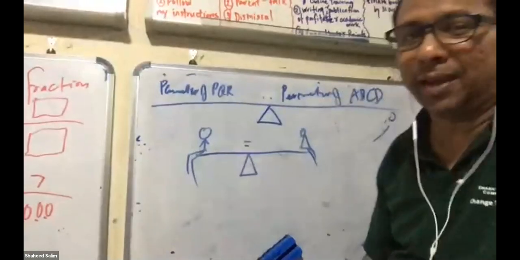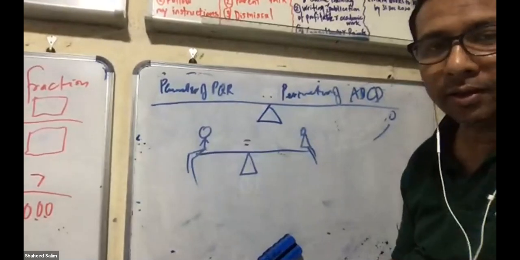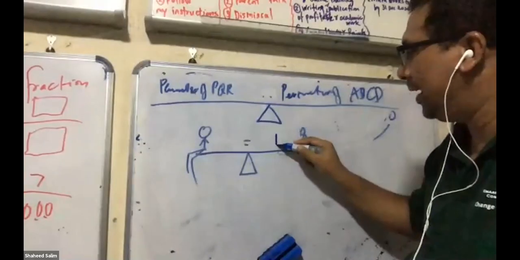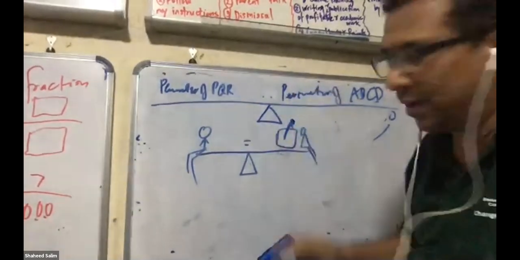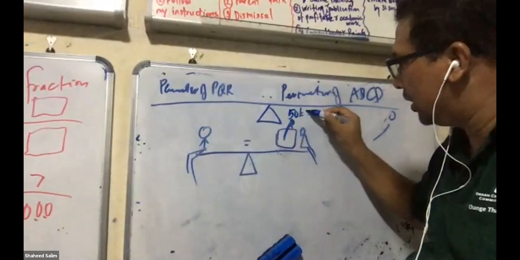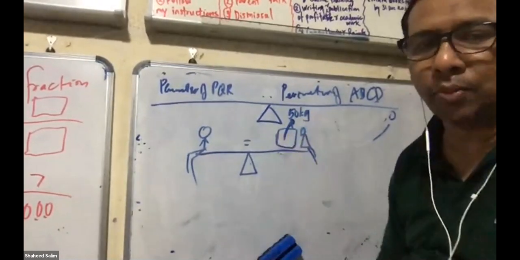Gain weight. Okay, but we don't have time for that. Let's say you only have half an hour. So you go and find a 50 kg sack of sand or whatever, and you put the 50 kg on your side. Do you think we are the same weight now?